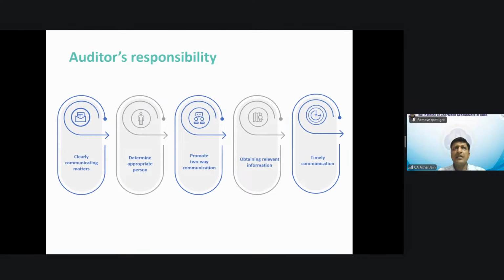So that's why it becomes extremely important for them to have a clear communication channel. That's a very, very important requirement. Because TCWG needs to set out the expectations they will have from the audit.